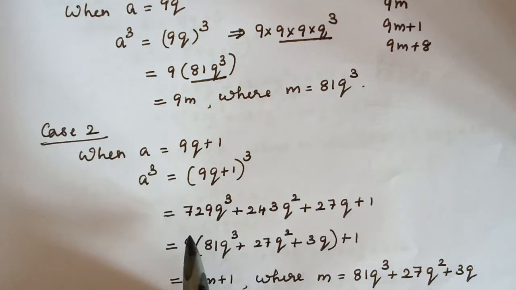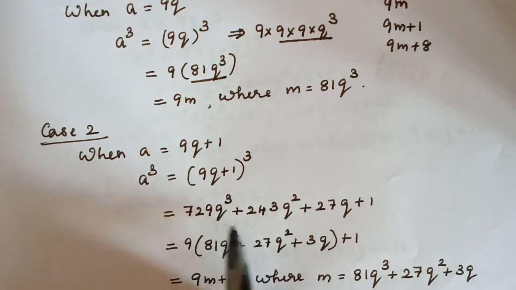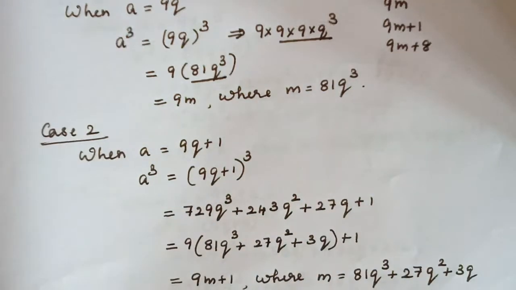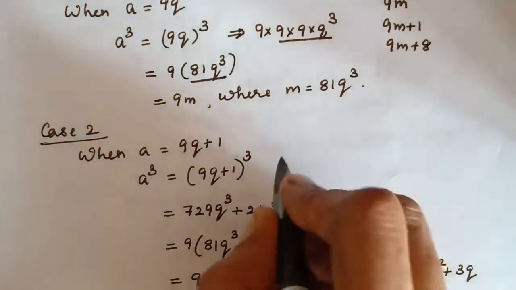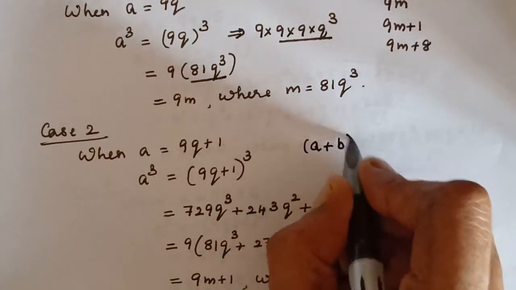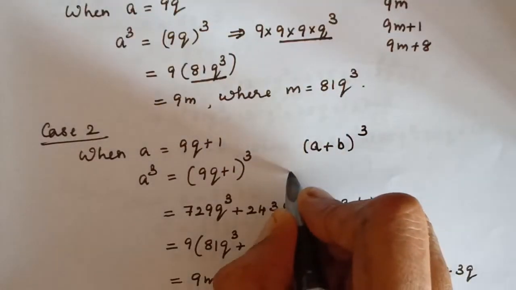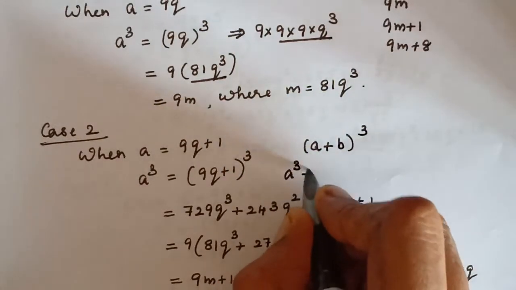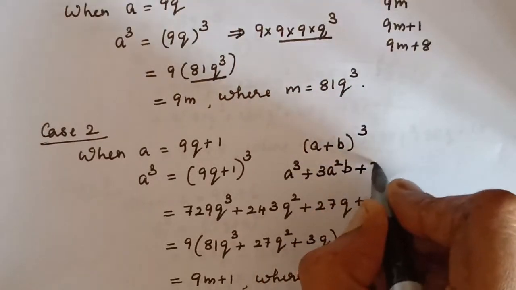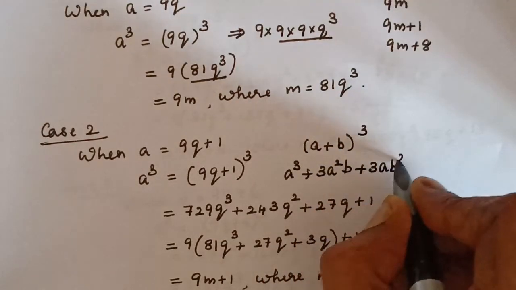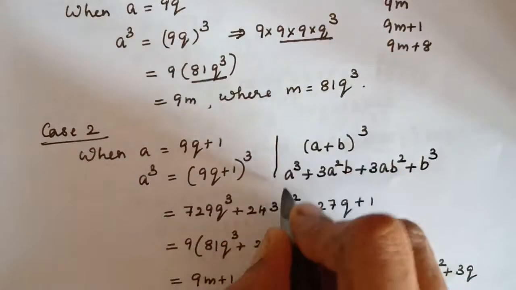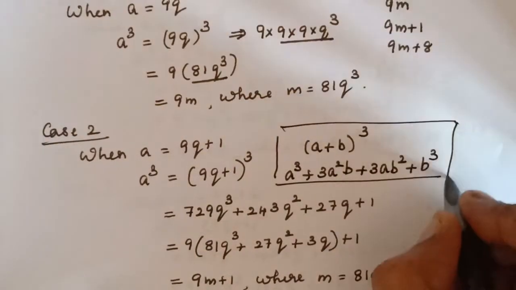This is equal to 729q cube plus 243q square plus 27q plus 1. What is the formula for a plus b the whole cube? That is a cube plus 3a squared b plus 3ab squared plus b cube. We are applying this formula over here.